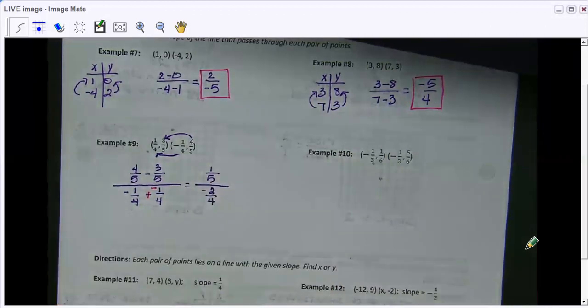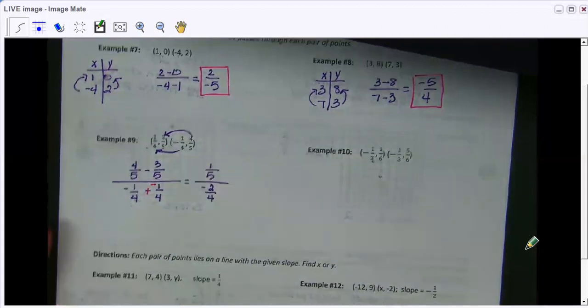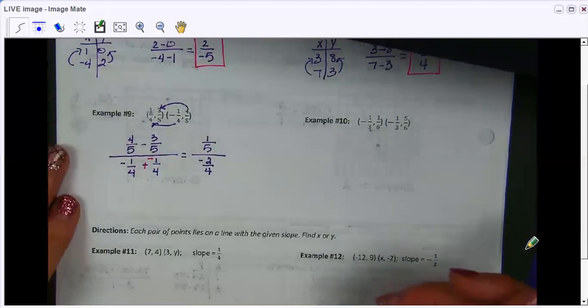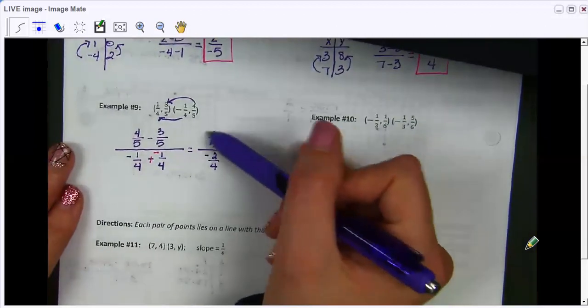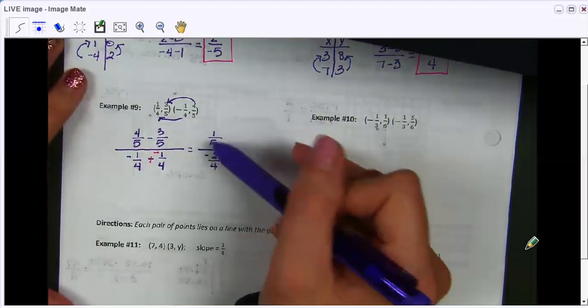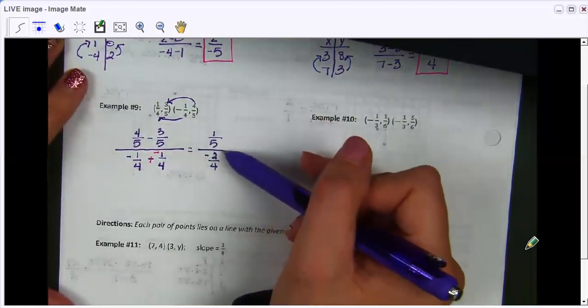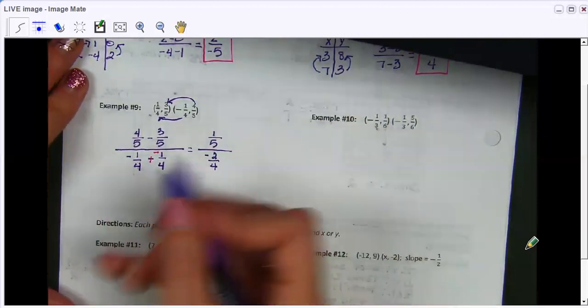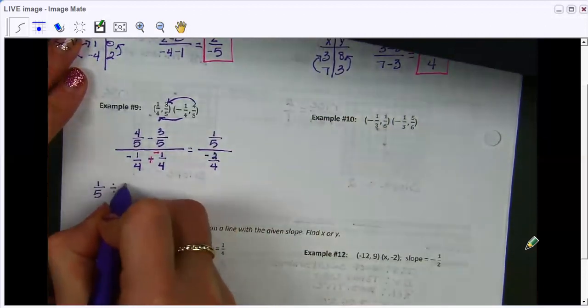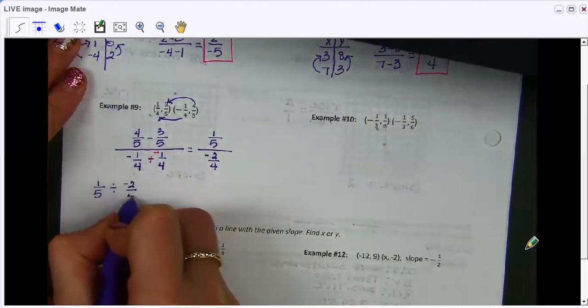Okay. So we have this big, ugly fraction divided by fraction. So I'm going to rewrite this because this is kind of hard to solve this way. Basically, what this is saying is that 1/5 is being divided by negative 2/4.